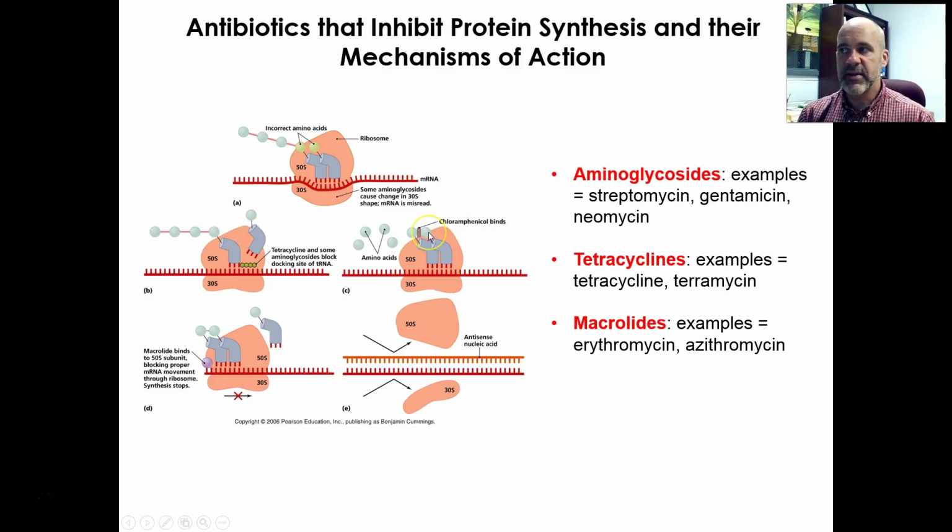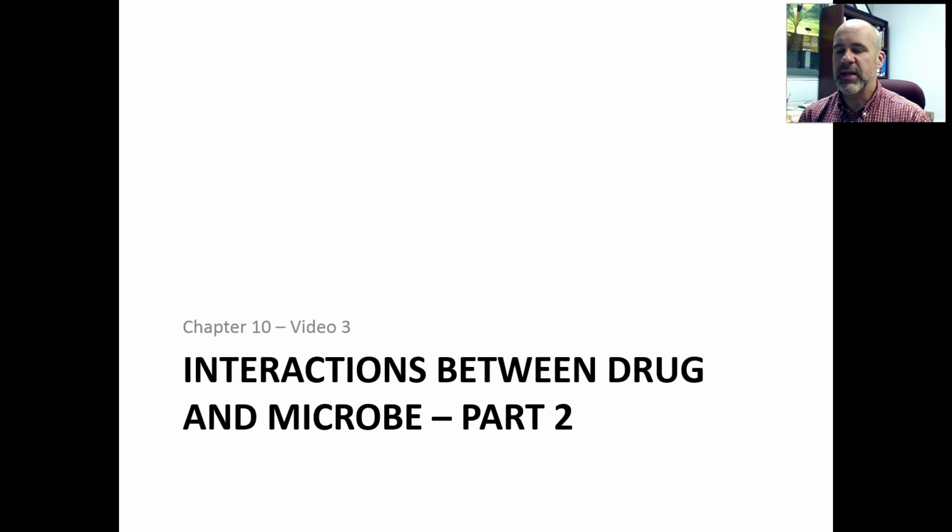Chloramphenicol prevents the peptide bonding between amino acids that occurs during translation. There are some macrolides that prevent a ribosome from shifting, so it can't move from one codon to the next. So that shuts down translation as well. So a number of different ways that protein production can be disrupted by those types of antibacterial drugs.